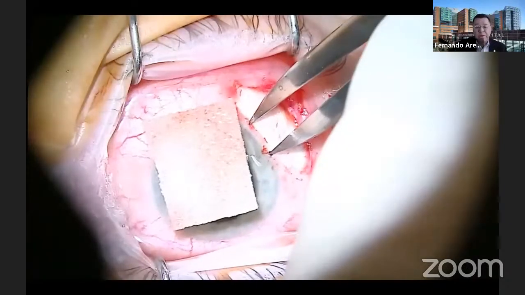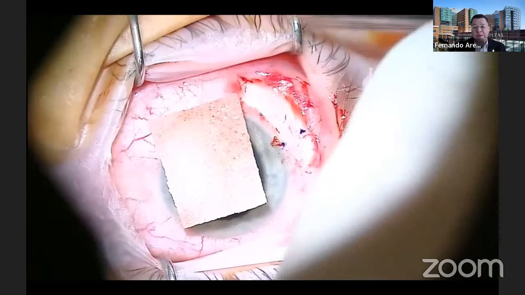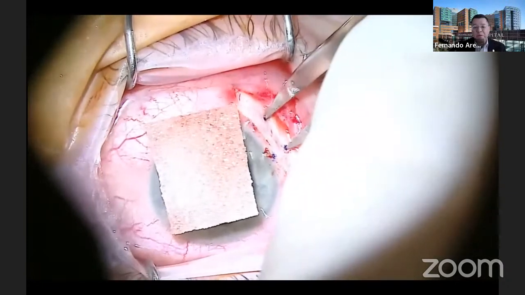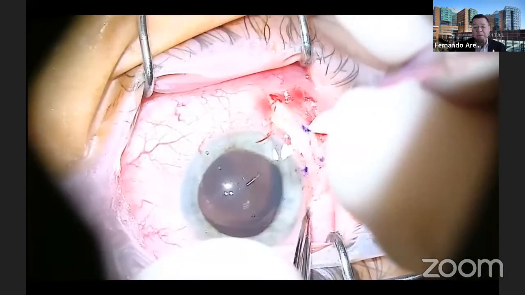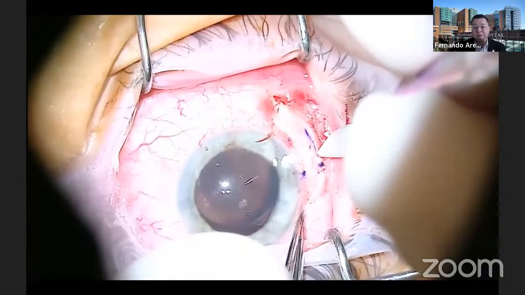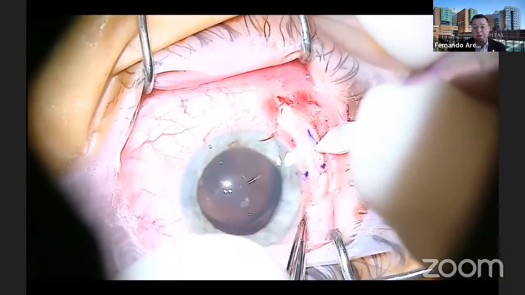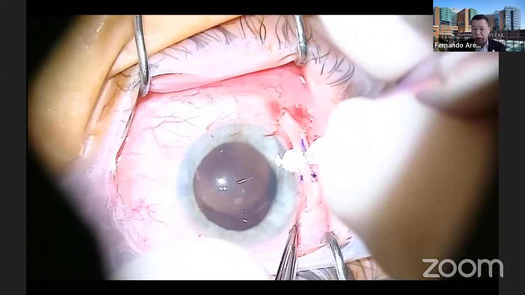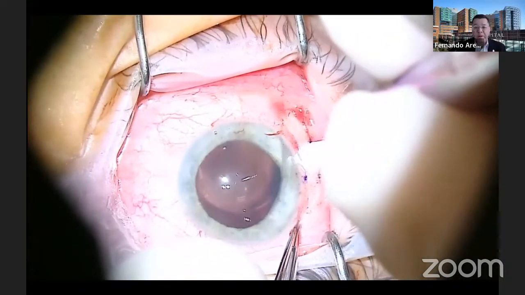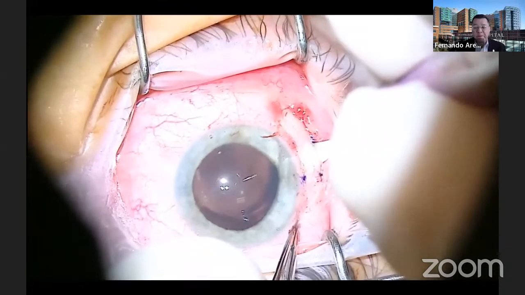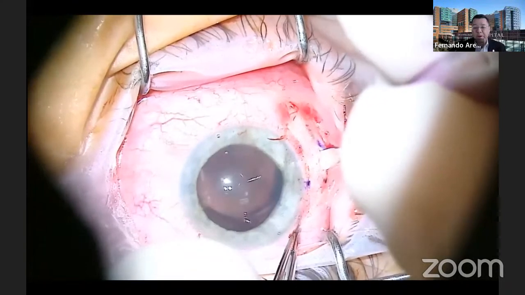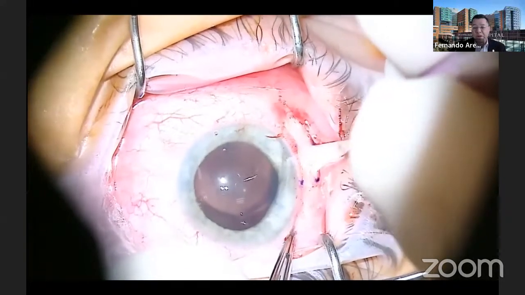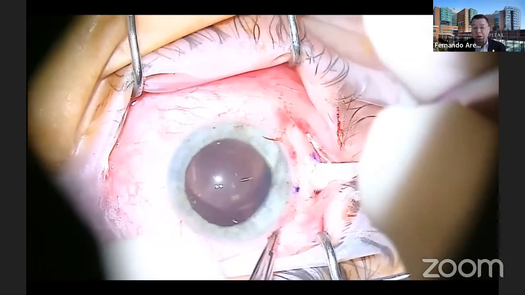And this is a surgical video. I know this is a basic course and wanted to show the surgical technique for the trainees. The sclerotomy is placed 3.5 millimeters posterior to the limbus, and the extension of the sclerotomy is also 3.5 millimeters. Then the sclerotomy is performed, and the implant is prepared with an 8/0 Prolene suture.